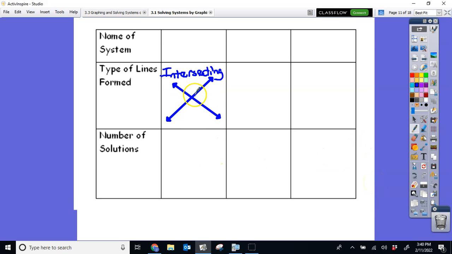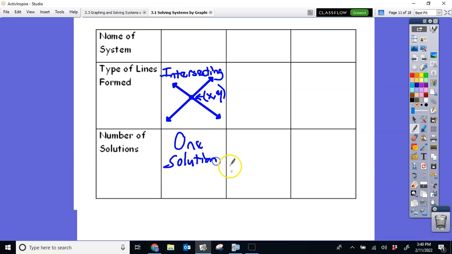When you have intersecting lines, they will touch at one point because they're linear. Notice we also looked at some that had lines and curves in that first chapter. We'll come back to those a little bit later in this chapter. But that gives you an x value and a y value that is a point on the graph. So that point where these two guys touch each other is the solution. That means there's only one solution.